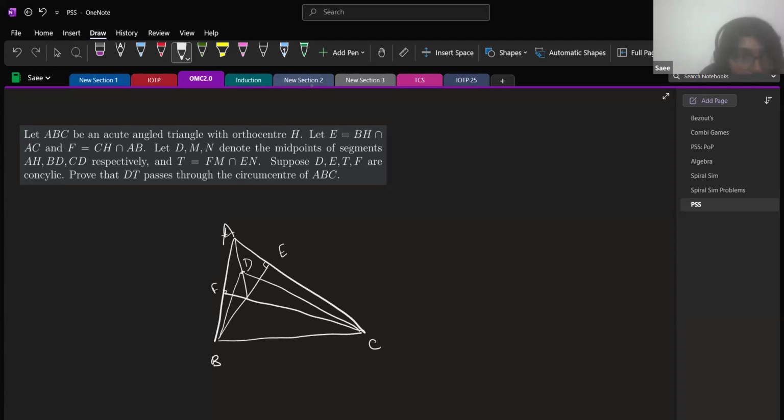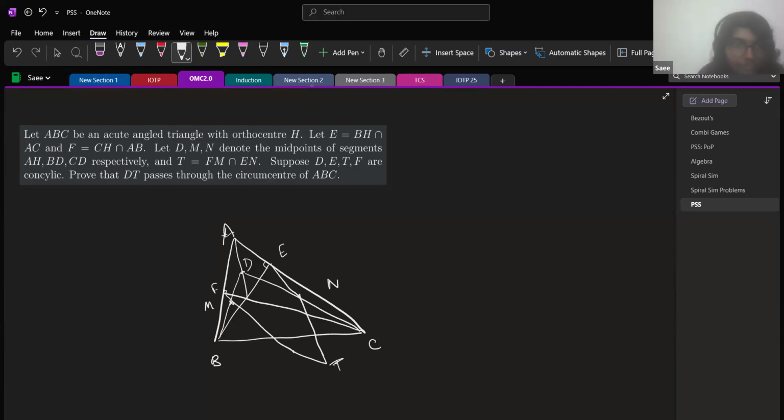Okay, what is M and N? B, D, and C. This is M. This is N. D is E, F, M, cap, E, N. Oh my God, this is a horrible diagram. Sorry about that. But I tried my best in my defense.